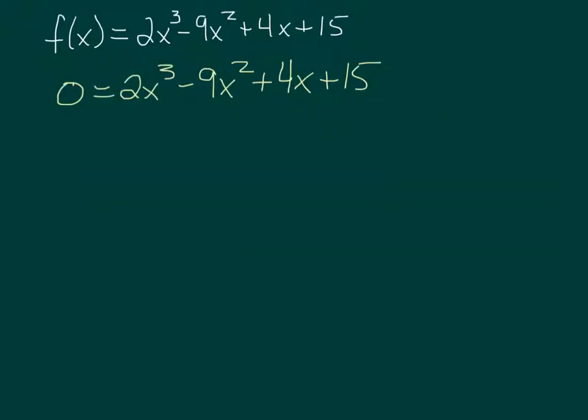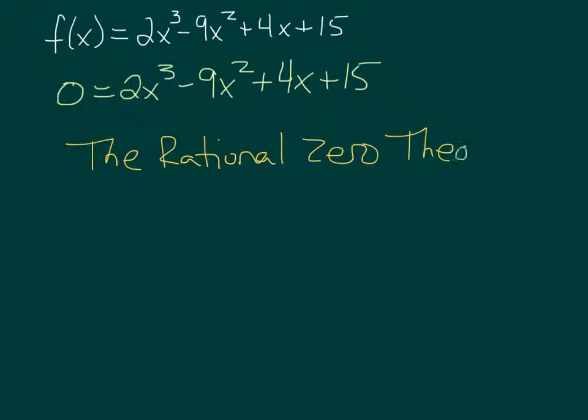Now let's use the rational zero theorem. Again, this is talking about the constant term and the lead coefficient. These were called P and Q. P referred to the factors of the constant term, so let's list those out.